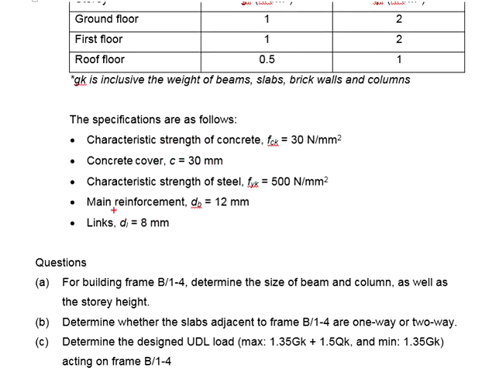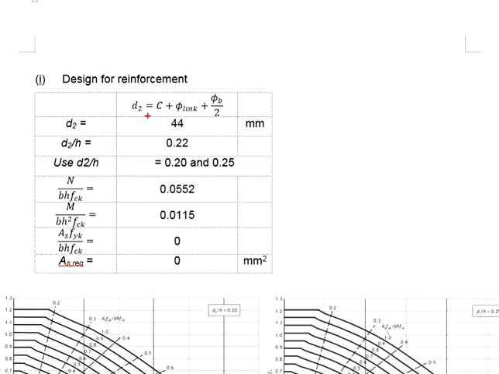The size of the link is also given as 8 mm. And the proposed size of the reinforcement bar will be 12 mm. You will have 30 plus 8 plus 12 mm divided by 2. That gives you D equals to 44, divided by the H of the column, which is 200. You will have the D per H ratio equals to 0.22.